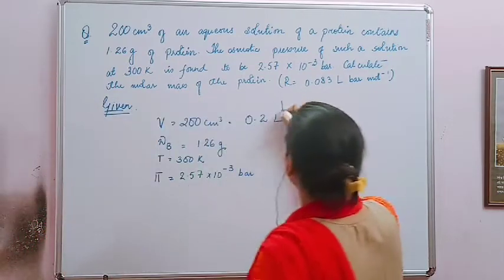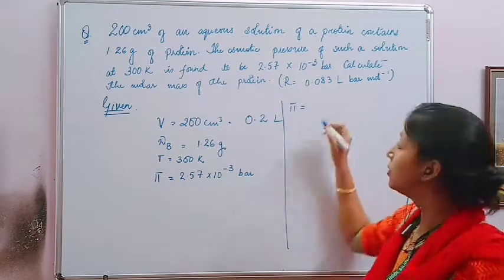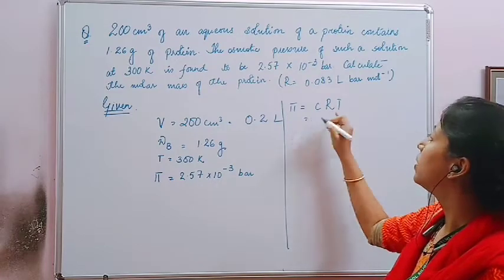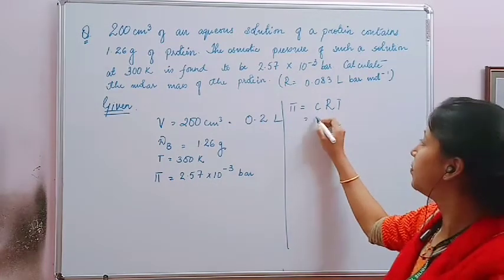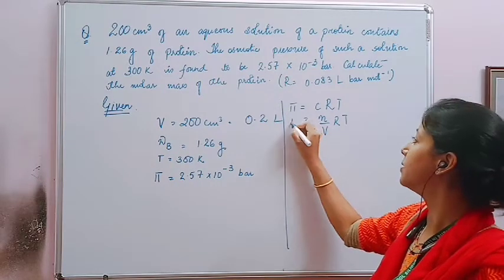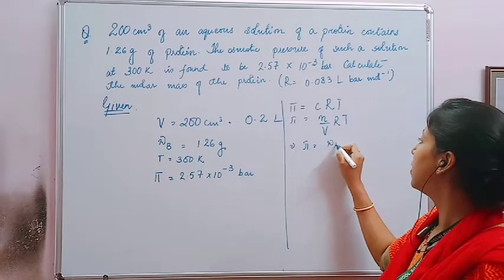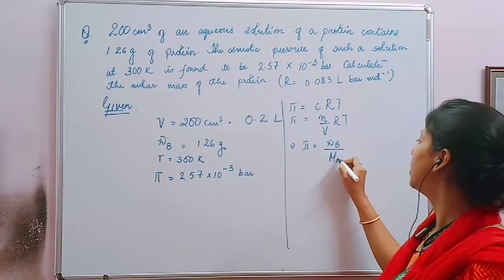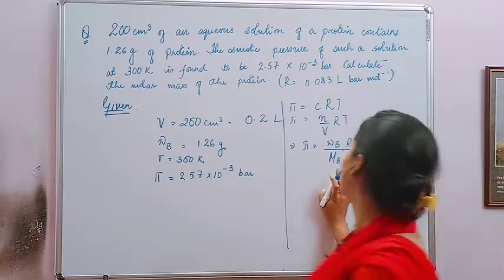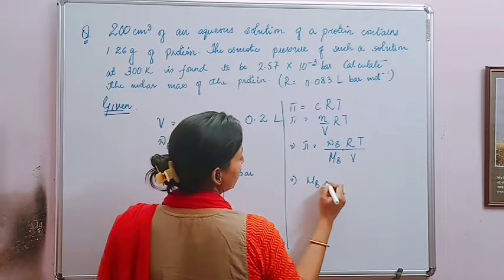Calculate the molar mass of the protein. Now we know that from the van't Hoff equation, pi is equal to CRT. Now, C is the molar concentration, that is number of moles by volume, into RT. Now, number of moles is given mass by molar mass, so pi = WB RT by MB V. We have been asked to find this, so we'll bring MB on the left hand side.